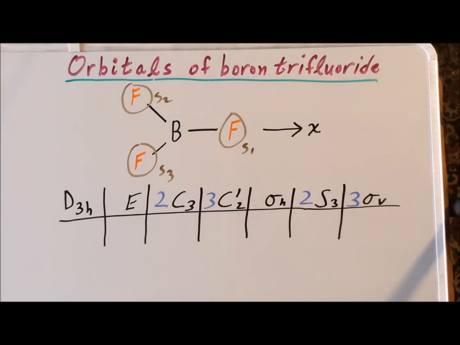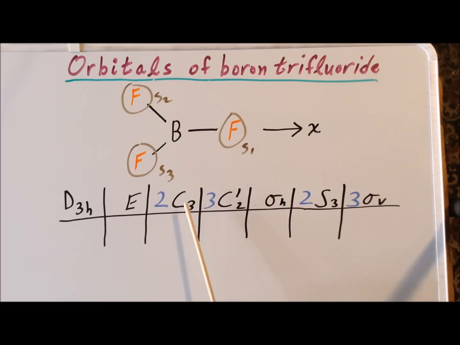Next, we make a small table which has the same structure as the character table for the point group D3h. We have the point group listed in the upper left-hand corner, and each of the columns represents one of the symmetry classes in the point group. And we see that in D3h there are 6 different classes.